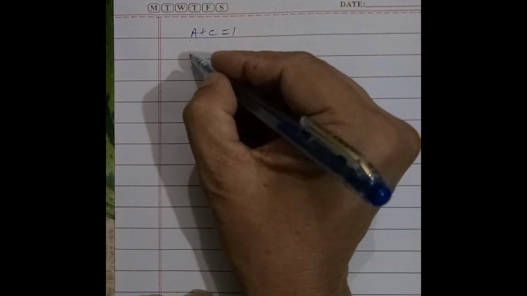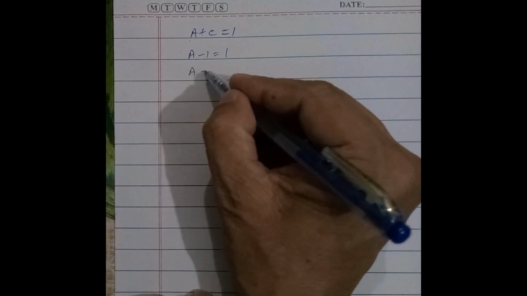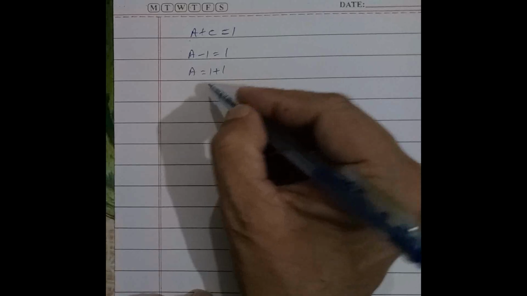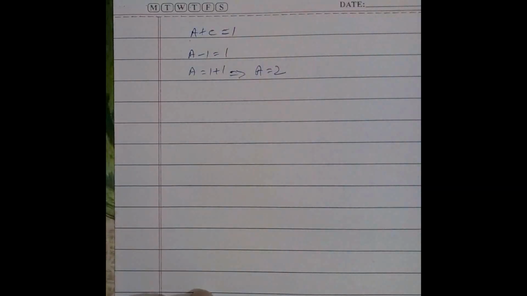A plus c is equal to 1, but the value of c is equal to minus 1, so a minus 1 is equal to 1, and a is equal to 1 plus 1, which is equal to 2. A is equal to 2, and so we get the values of constants a, b and c.